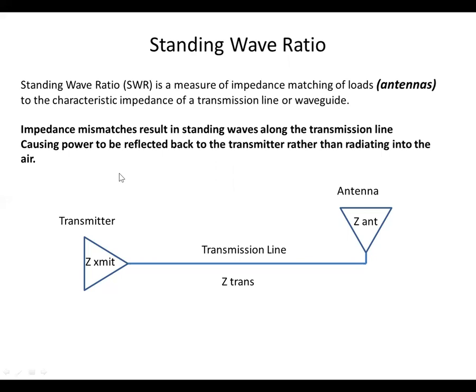But basically, the idea to understand is impedance mismatches result in standing waves coming back and causing the power to be reflected to the transmitter rather than going out the antenna, and that can damage your transmitter. So you need to pay particular attention to the SWR reading of your antenna at the frequency you're operating.